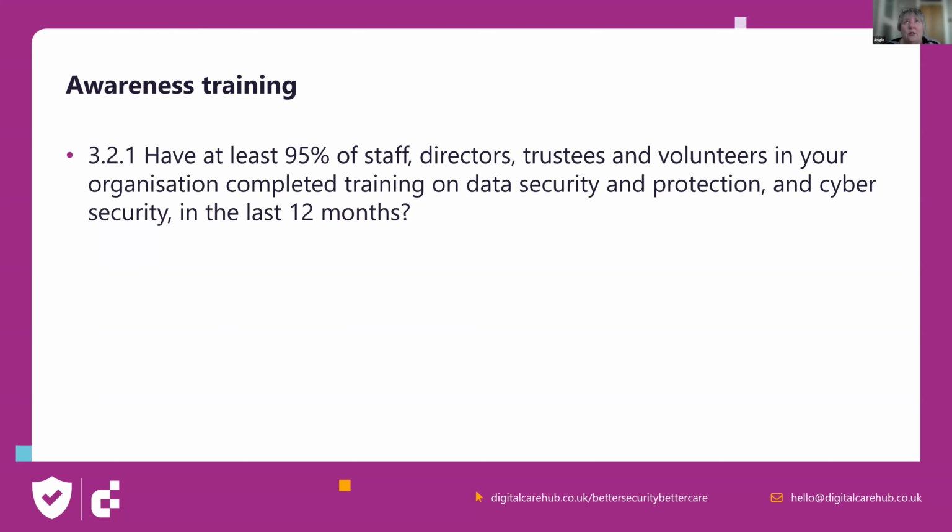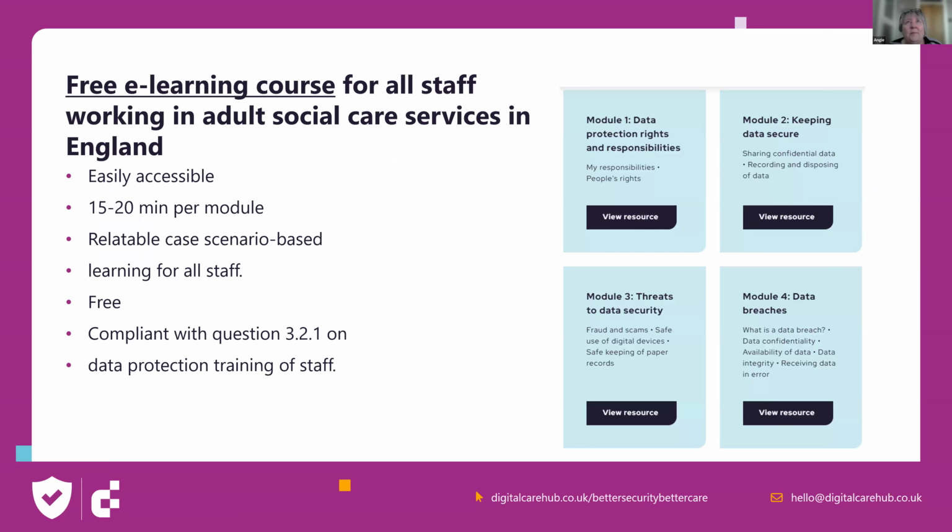So you may have to, if there's anybody just started, get them to complete their training before you can complete your toolkit. Okay, so you should have up-to-date records of what staff have taken it, all staff should have taken it, and when they've taken it, and it should be within the last 12 months. Okay, and if we go on to the next slide.